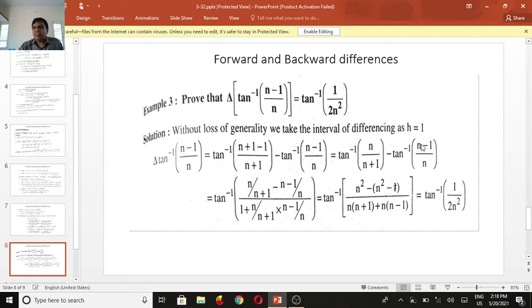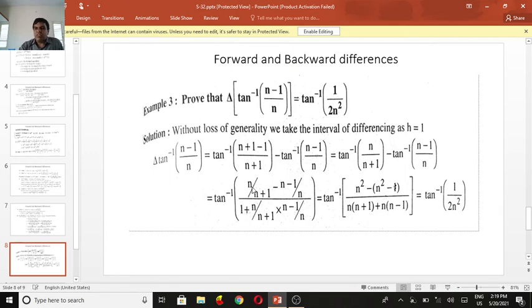So we use the tan inverse A minus tan inverse B formula: tan inverse of (A minus B) divided by (1 plus A into B).